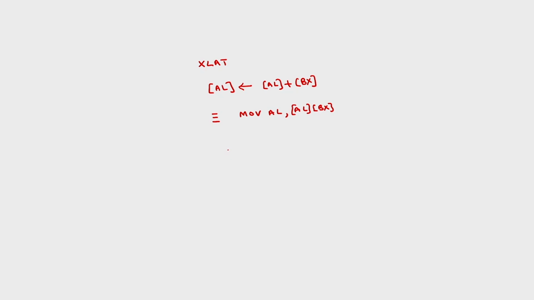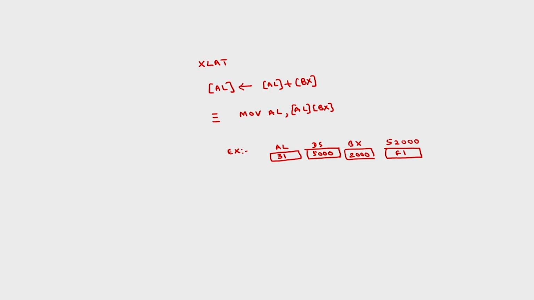If I take an example, if AL contents is 31H, and DS is the same 5000, BX is 2000, and the contents of the 52000 location will be say F1. Basically this operation is used for converting ASCII data into EBCDIC data.